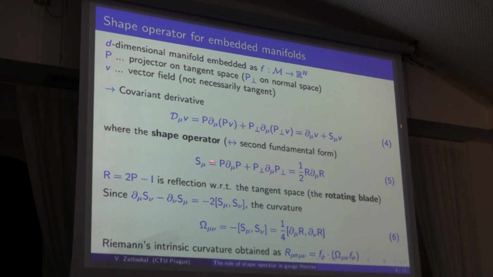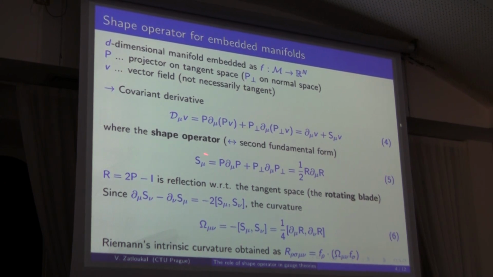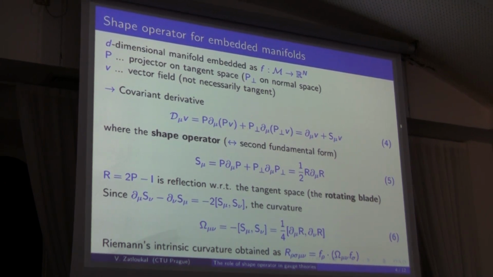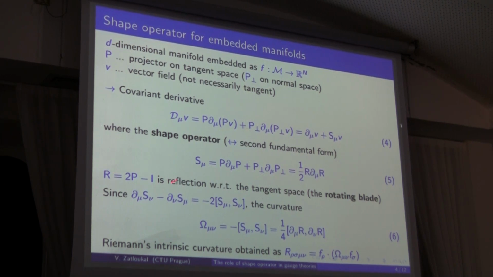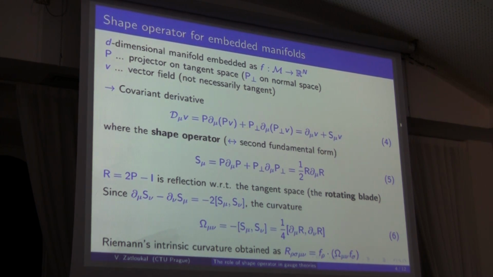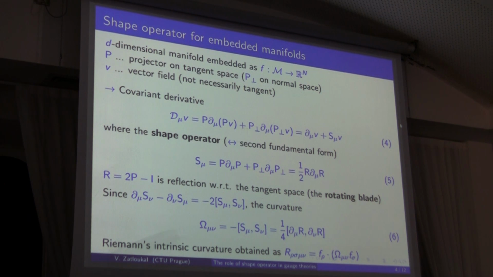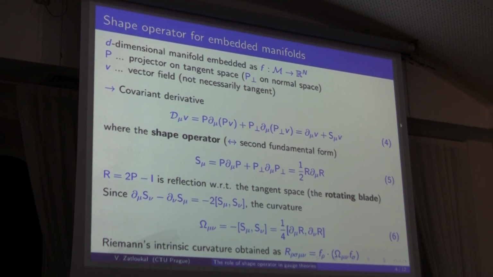So the formula for this is equation 5. It can be written concisely with the use of this reflection operator. So R is a reflection with respect to the tangent plane. And it's just convenient to write it in this form.